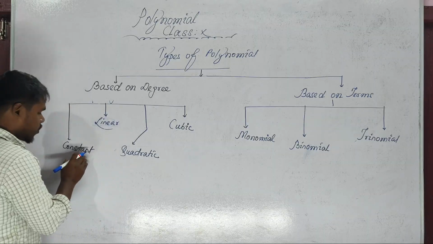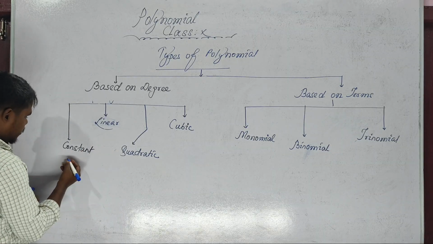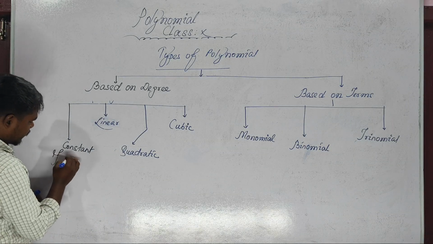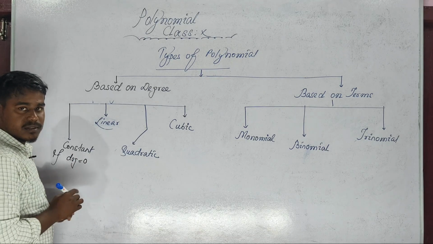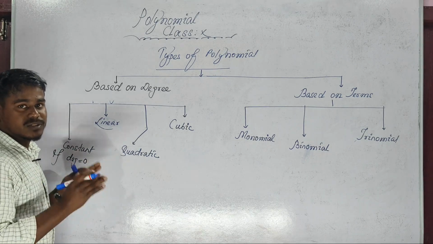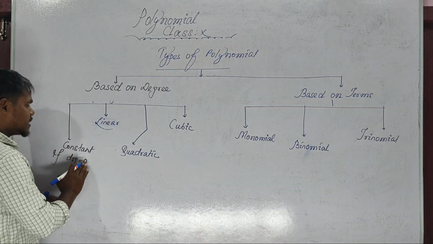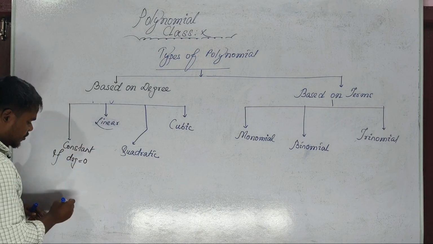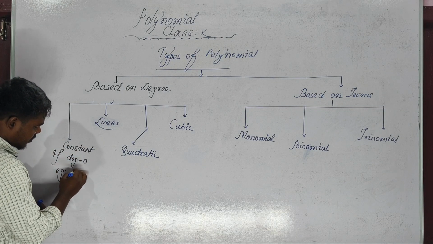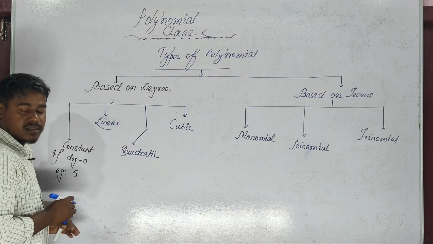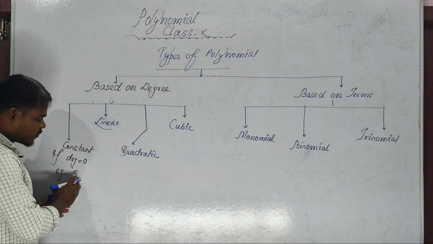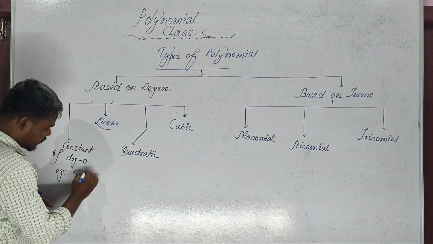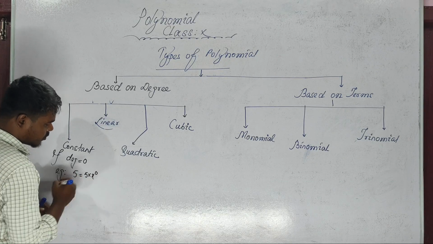First of all, constant polynomial. If degree is equal to 0, it is called constant. If a polynomial whose degree is 0, this polynomial is called constant polynomial. Suppose for example 5 is a constant. If we write in terms of polynomial, how would it be? 5 into x to the power 0.